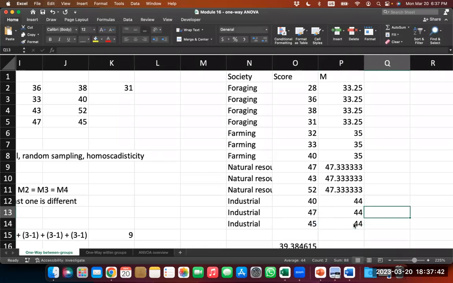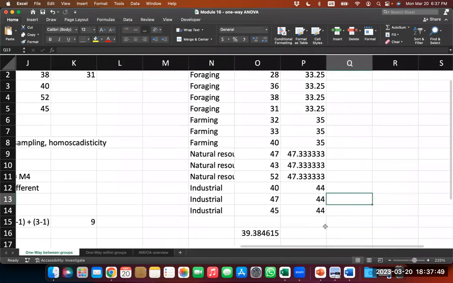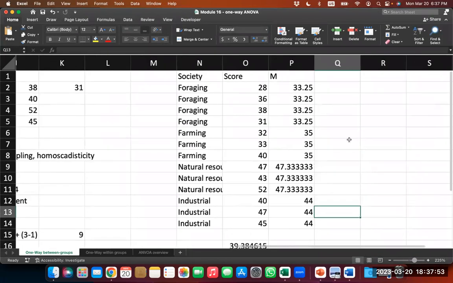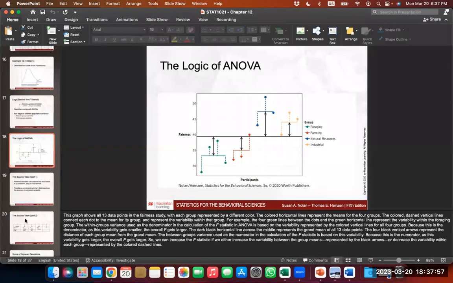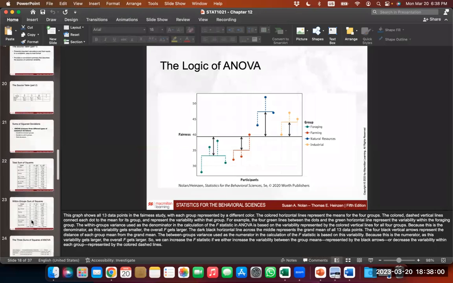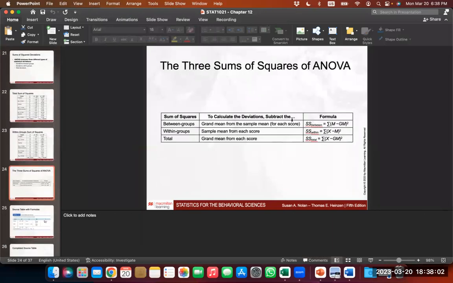So that gets us the respective group means propagated for each individual score. This gets us to the next point, the calculation for all individual entries.